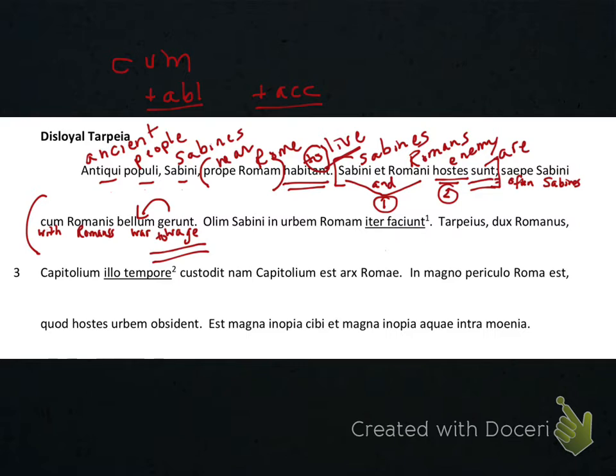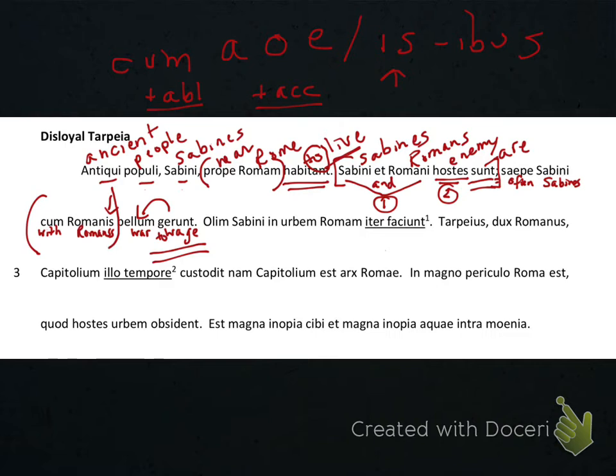You should find that you see A, O, and E on the singular ablative line, and IS and IBUS on the plural ablative line. When I look at the words that come after cum, or "with," I notice that Romanis ends with IS, just like the ablative plural over here.